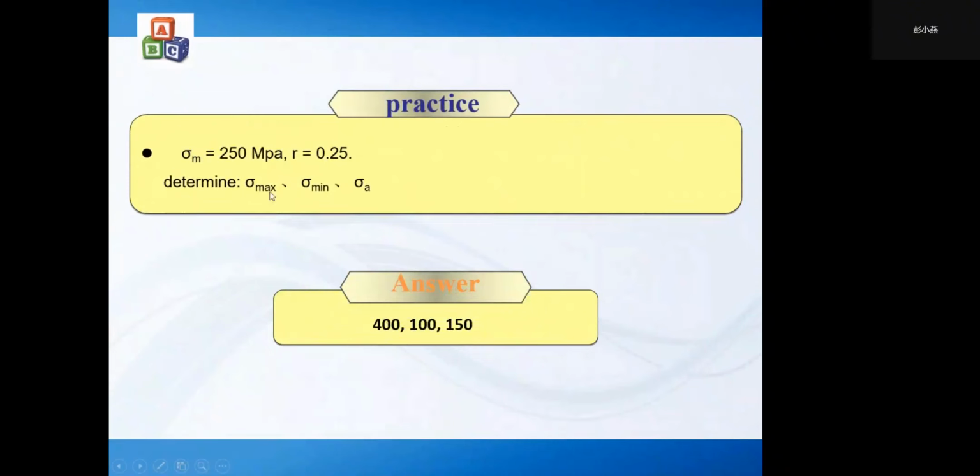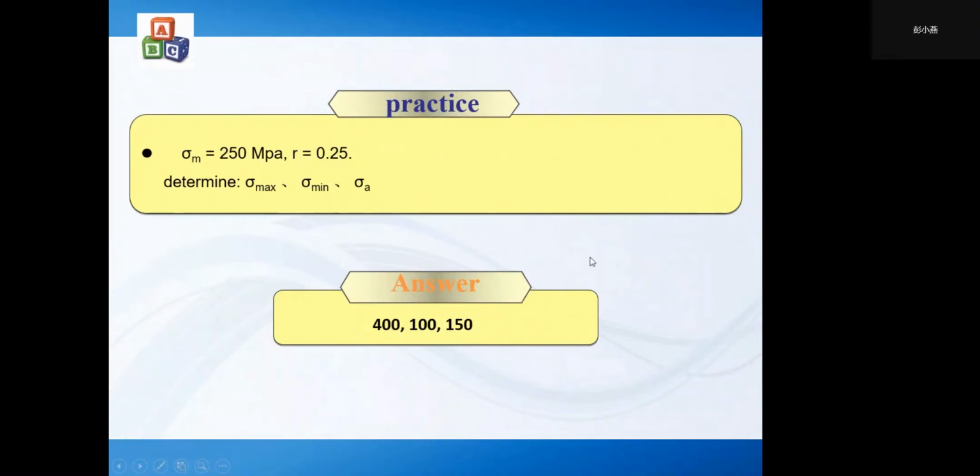We have the mean stress and the stress ratio. The mean stress is the average of the sum of maximum stress and the minimum stress. And the stress ratio is the minimum stress over maximum stress. So we can calculate the maximum stress, the minimum stress and the stress amplitude like this.